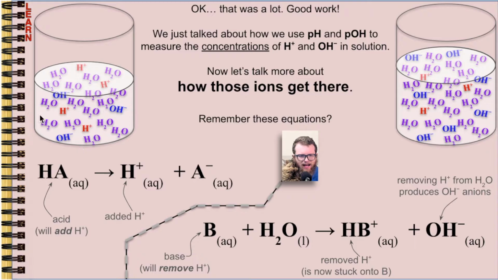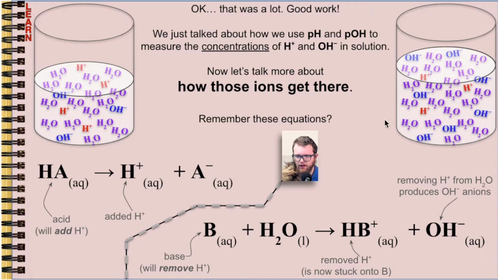So this is an acid because it has more H plus ions than it has OH minus ions. And an acid, if we have H and then A, will dissolve and dissociate into an additional H plus. That's how we get more H pluses than OH minuses, and then the negative part of the acid that fell off.